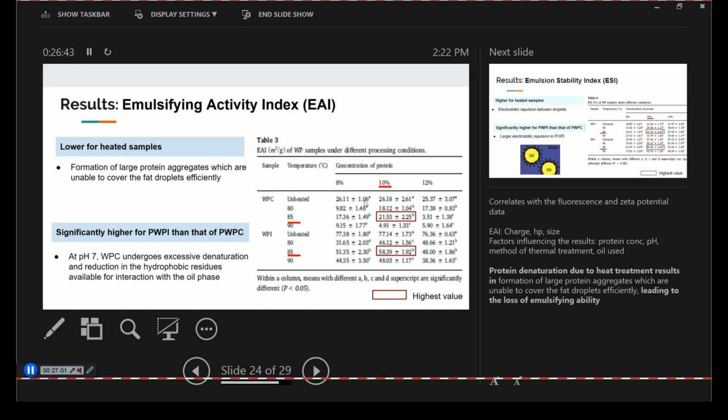I think the explanation they used from another study, which concluded that the concentrate undergoes excessive denaturation at higher temperatures, could be the reason. Let me see if I understood your question, Heidi. You were saying that from 85 to 90 you see a lot of reduction, but for the other you don't see that much.